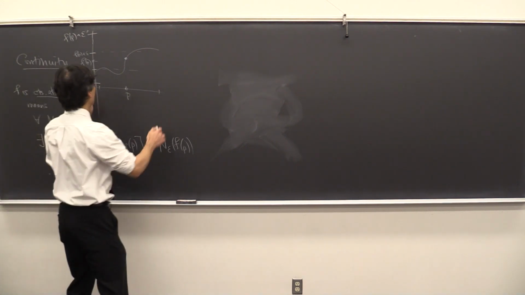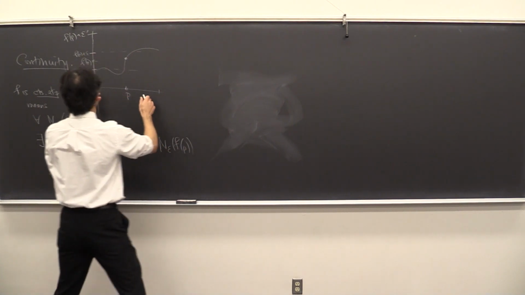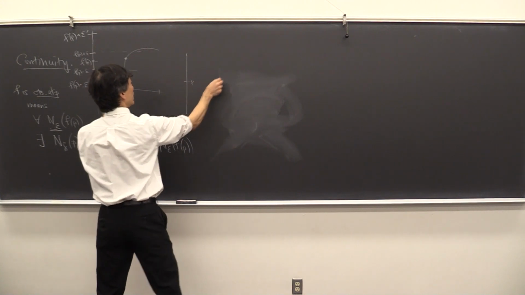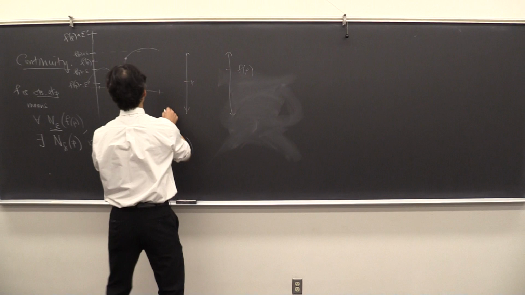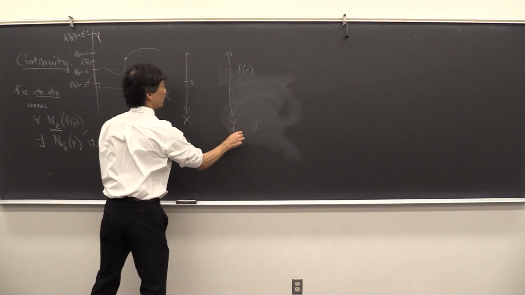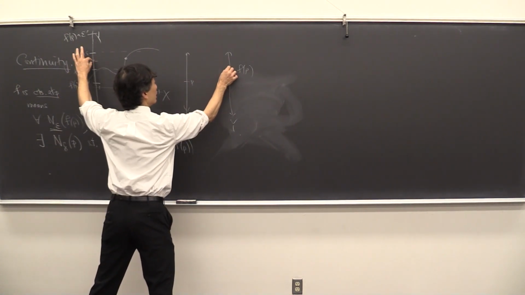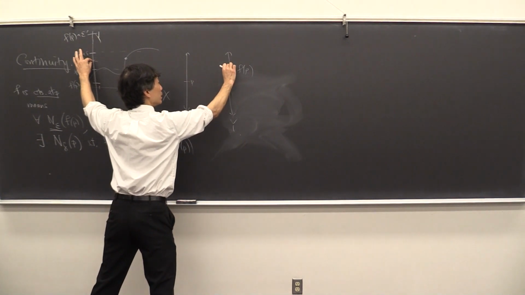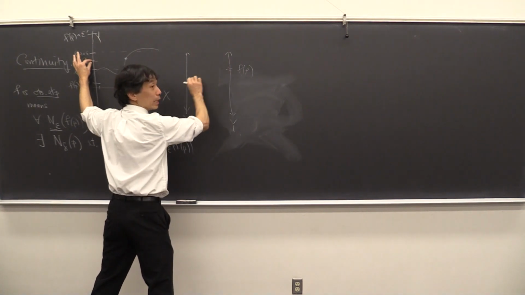So in the metric space world, we don't think in terms of graphs. Rather, we take the graph and rip it apart into, here's p and here's f of p, where this is one metric space and this is another metric space. Continuity means that no matter what neighborhood I take around f of p, there's a neighborhood around p that gets mapped inside there.